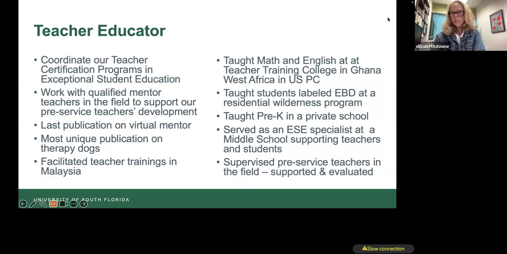I've served as an ESE specialist in a middle school. While not a high school, my work in that camp was a lot of high school students. The middle school students, I think, are almost as challenging or more so, their behavior. In that environment, I learned not only to support the teachers because they needed a lot. They needed students taken out of their classroom for a reprieve. They needed a little bit of support, but the students also needed support.